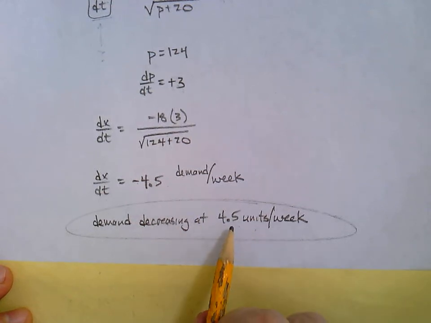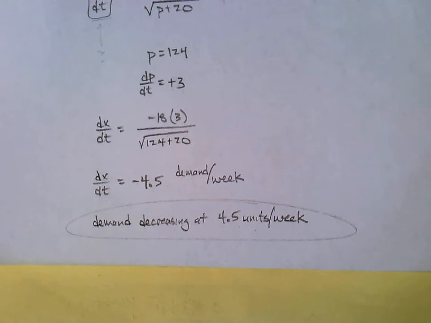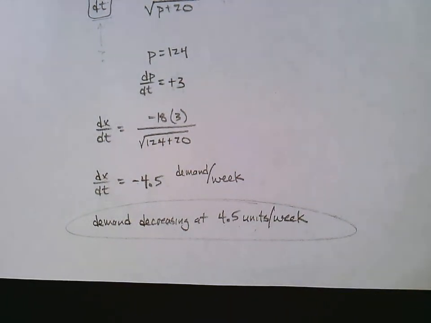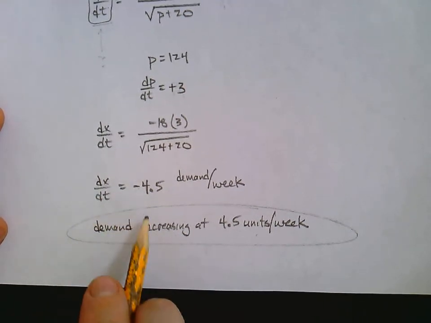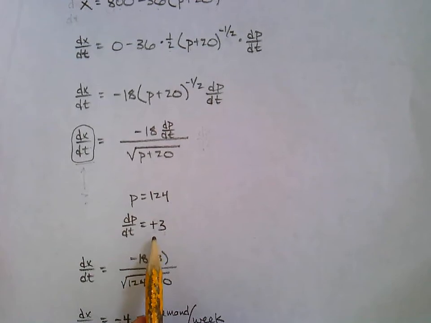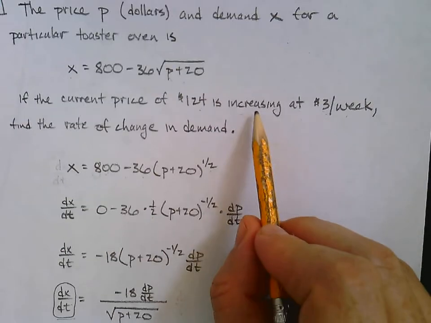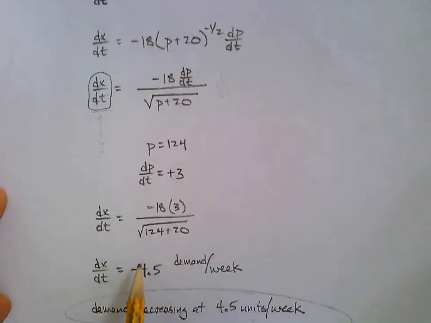So they're going to sell 4.5 units less every week if they raise the price by the amount that they want to at this current price. Well, there you are. Very last thing to say, we knew the demand was decreasing because of the negative. We knew dp over dt was positive because they said it was increasing at 3.